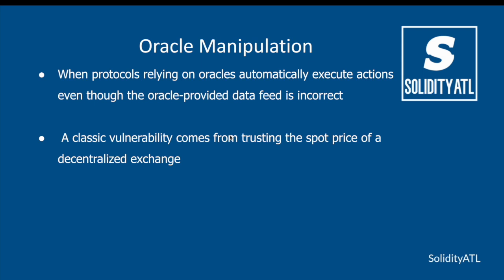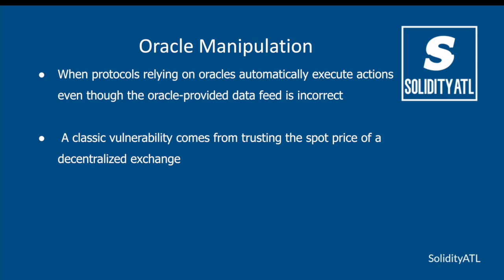Okay, so next is oracle manipulation. When protocols are relying on oracles, they automatically execute actions even though the oracle-provided data feed may be incorrect. We know that oracles are how you bring data off-chain, on-chain. And if you're relying on oracles to automatically perform actions within your smart contract, this can become a huge issue if the oracle is not correct.